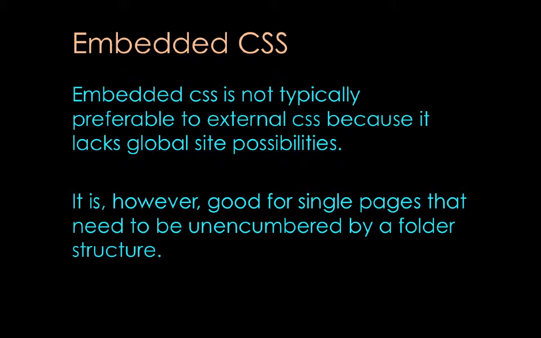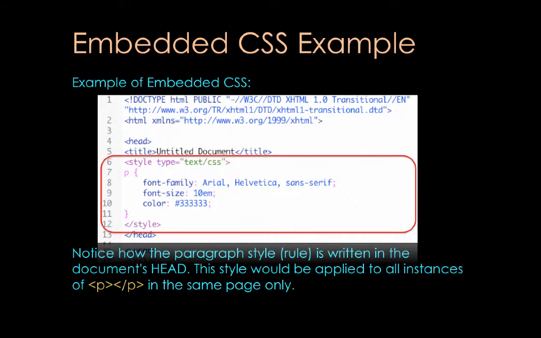Okay, and then something else about embedded CSS is that it's not typically preferable to external style sheets because it lacks global site possibilities. If you go back to this slide, you notice that this means it has to be embedded in the actual head of every HTML document. So let's say you have a website that has, I don't know, 10 or 15 pages.